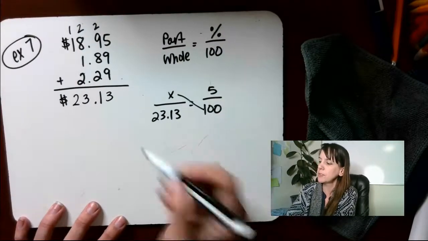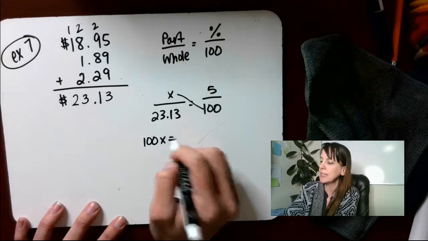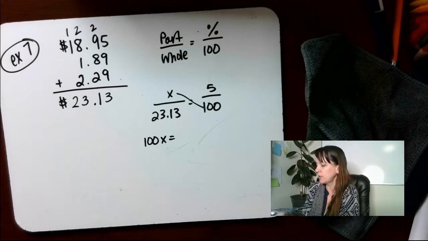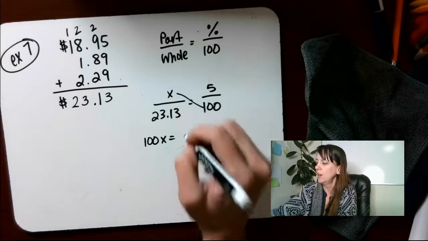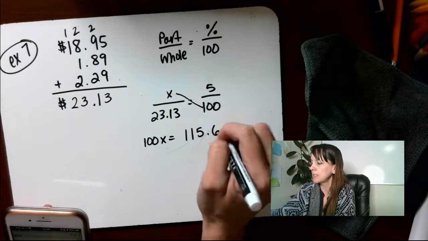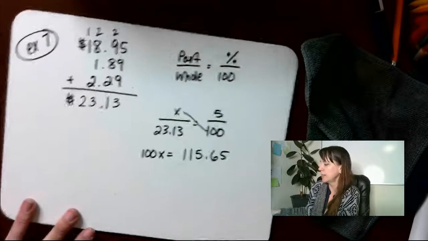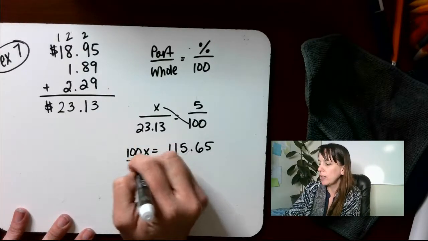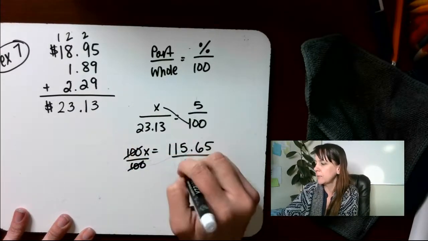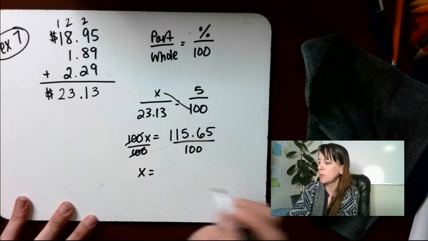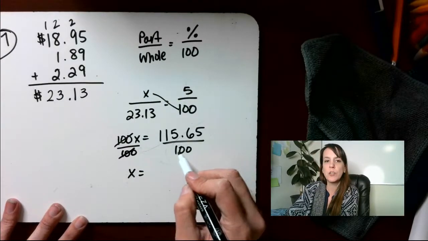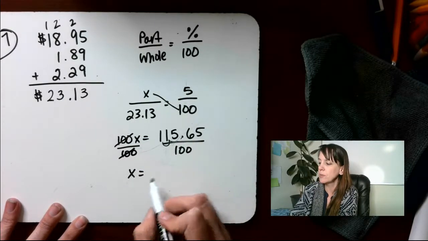So we're going to multiply those two things. 100x equals 23.13 times 5, which gives me 115.65. Divide this by 100, divide this by 100. X equals. This moves over 1, 2 spots.